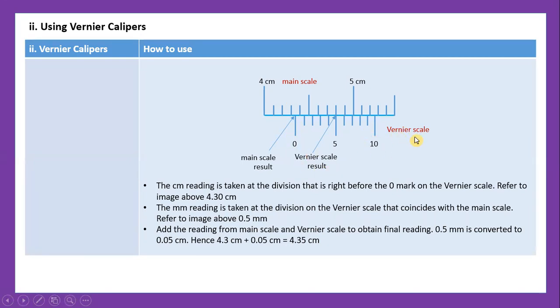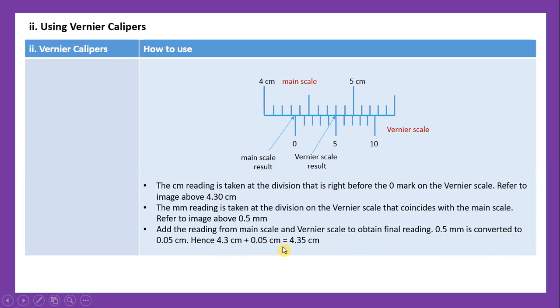Meanwhile, the vernier scale at the bottom part gives 0.5 mm. So when you total up the reading from the main scale and vernier scale to obtain the final reading, you have to convert the 0.5 mm from the vernier scale into centimeters. Then the final reading will be 4.3 cm plus 0.05 centimeter.